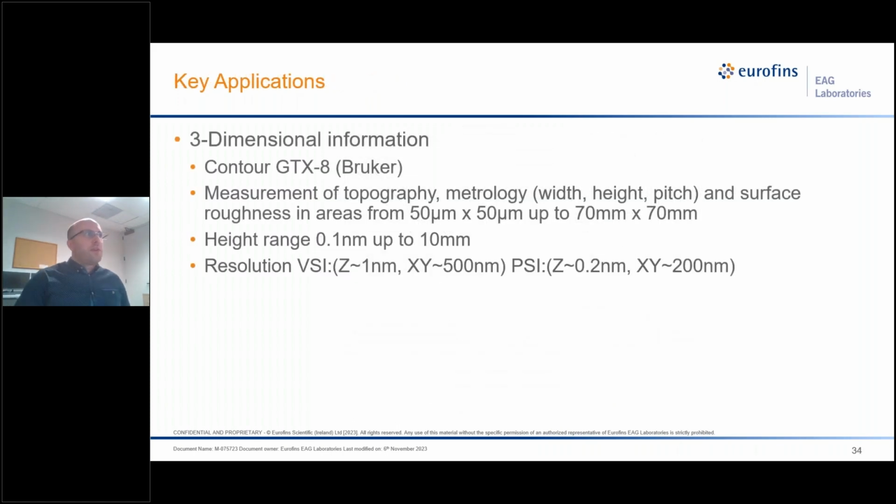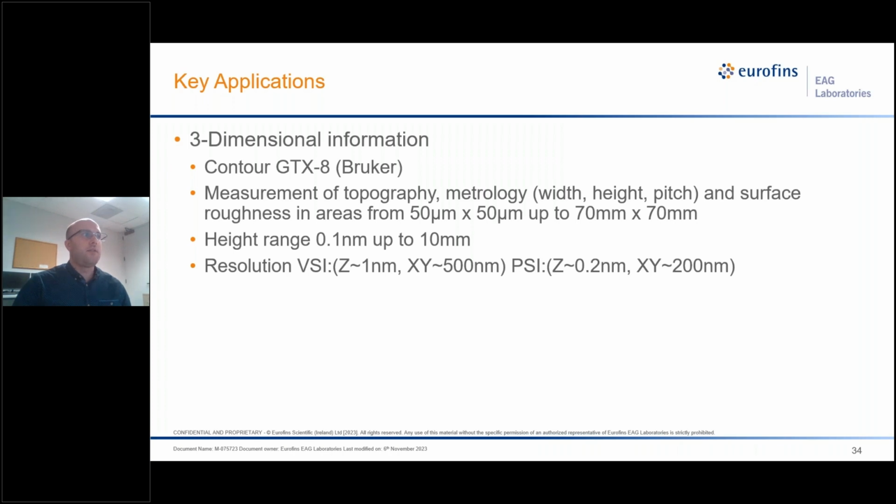So starting off with OP here at EAG, we have a Contour GTX8 from Bruker, and it's good for measuring topographical information, metrology, so critical dimensions, width, height, pitch, surface roughness in areas from 50 microns up to 70 millimeters squared with stitching.